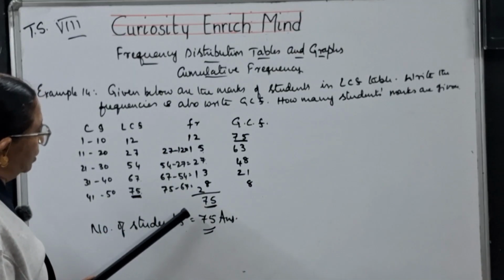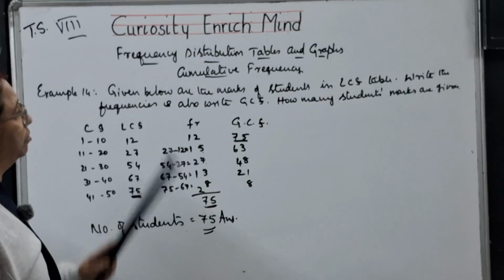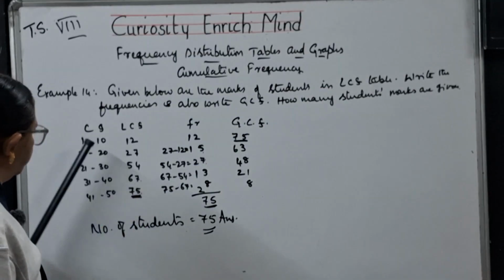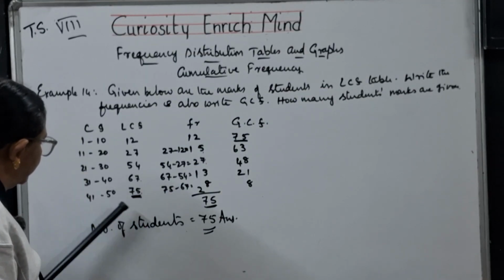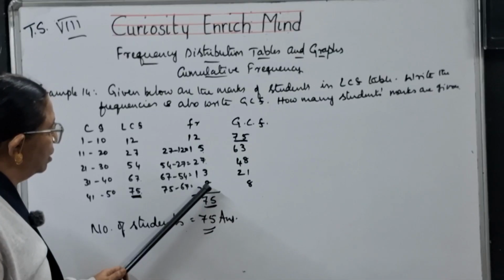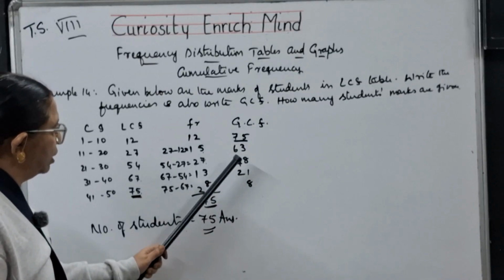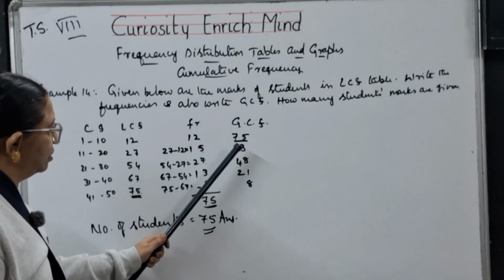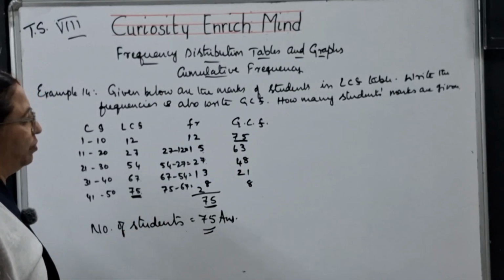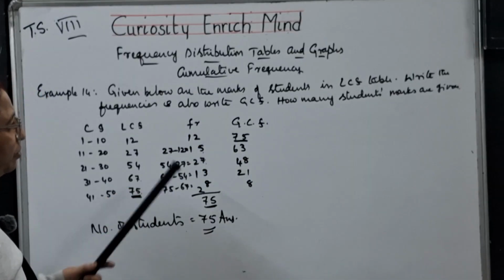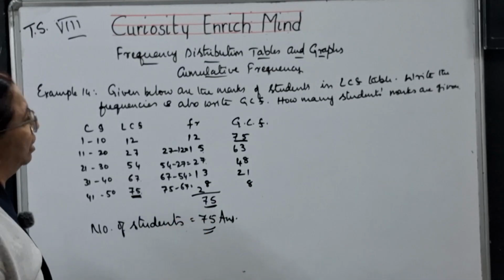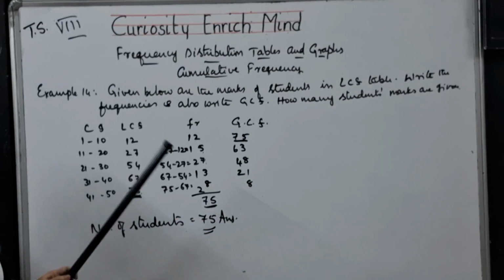Now, after writing the frequency, they are asking for greater than cumulative frequency. That means the greatest value is this, so you start with 8. 8 plus 13 is 21, 21 plus 27 is 48, 48 plus 15 is 63, 63 plus 12 is 75. So you have got the greater than cumulative frequency. And one more question they have asked is how many students' marks are given.